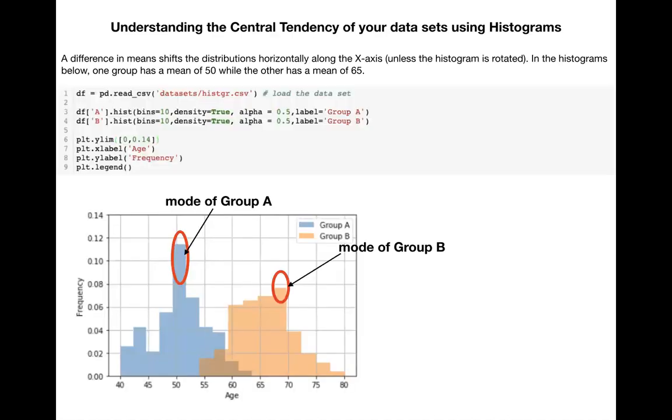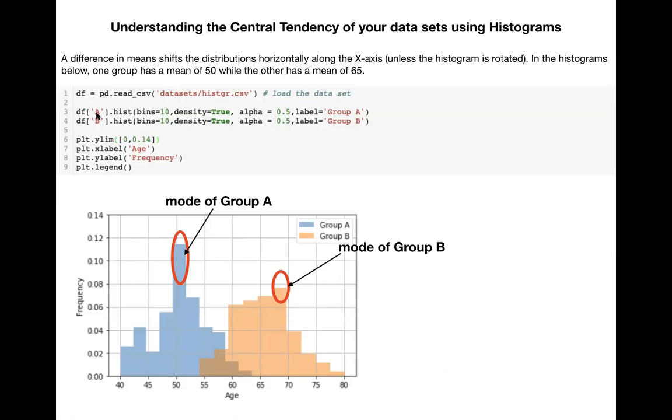All right, now let's take a look at another example of getting the central tendency from histograms, using both pandas and our knowledge about distribution functions. Now I'm plotting two groups of data from the data frame called histogram.csv.